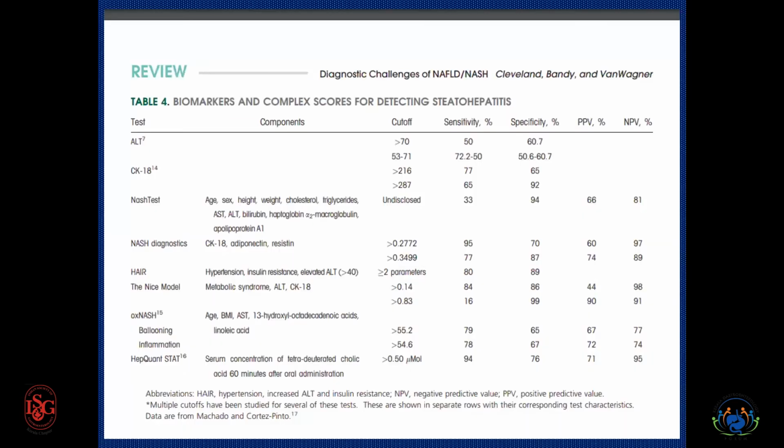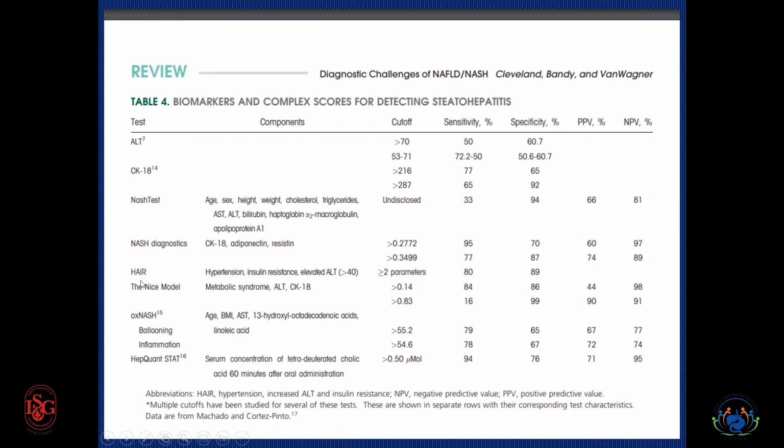As simple as that. I'm just giving a table from a recent article. Let's say if you take ALT alone in the diagnosis of stage 2 hepatitis, taking ALT more than 70 as positive and 70 and below as negative, it has a 50% sensitivity and 60.7% specificity. There is another interesting test called the HAIR test.